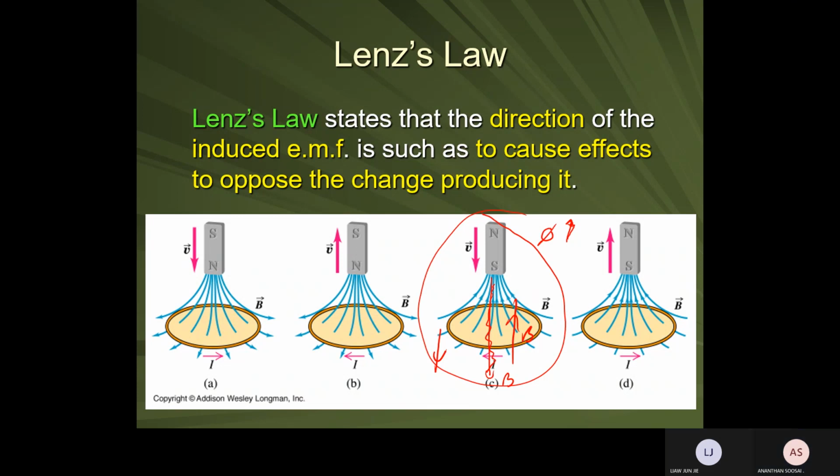Therefore, by using the right-hand grip rule, the current should flow in a clockwise direction. Any questions so far? I know, it's a new idea. We will do more questions to strengthen the idea.